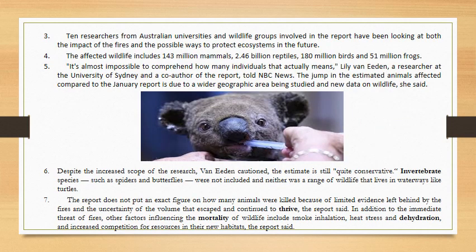Okay, 10 researchers from Australia universities and wildlife groups involved in the report have been looking at both the impact of the wildfires and the possible ways to protect the ecosystems in the future. The affected wildlife includes 143 million mammals, 2.46 billion reptiles, 180 million birds, and 51 million frogs.